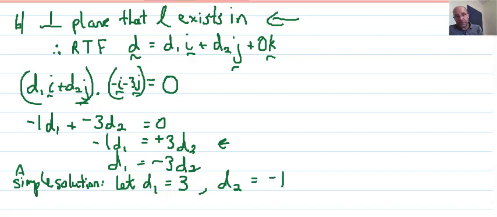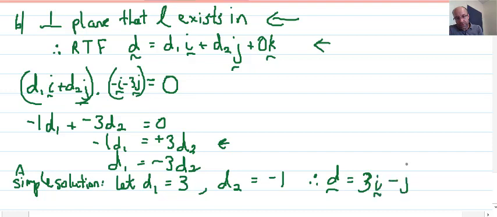It works. Therefore, subbing that into up here, therefore d has d1 i, so that would be 3, that was supposed to be a 3.